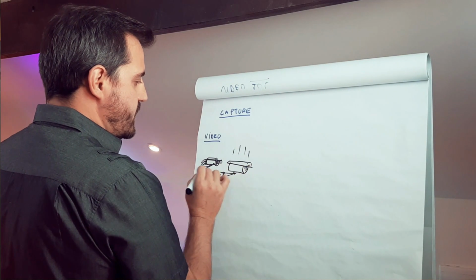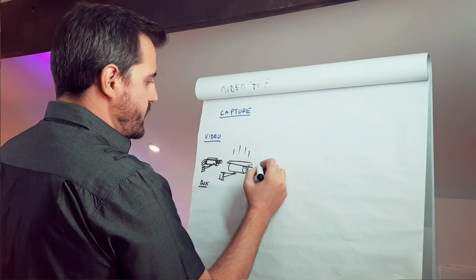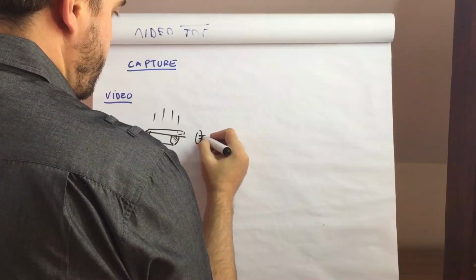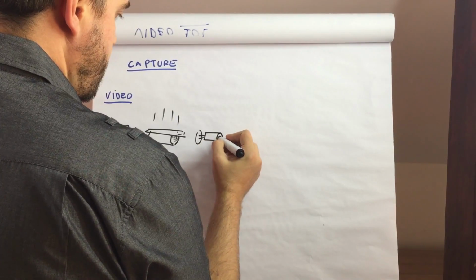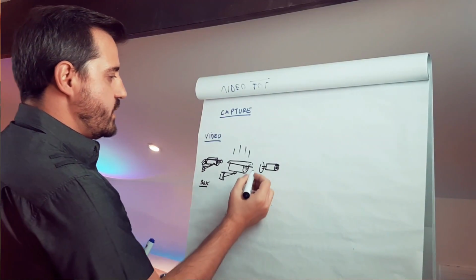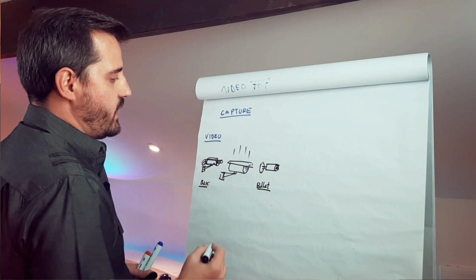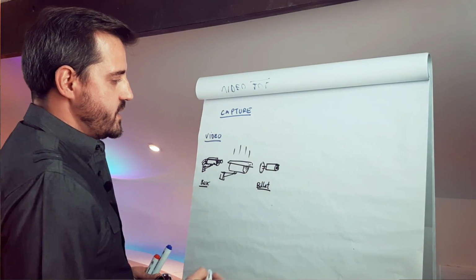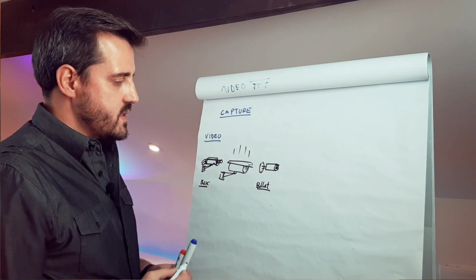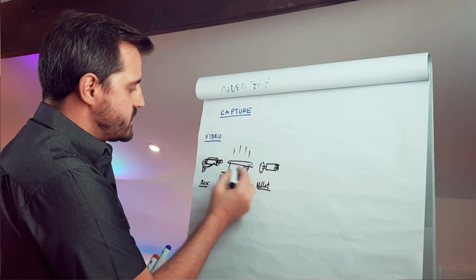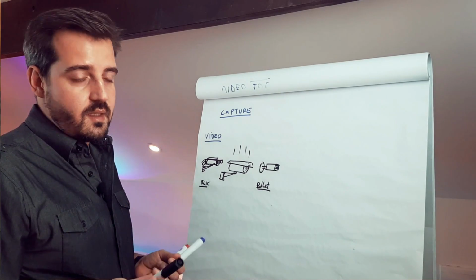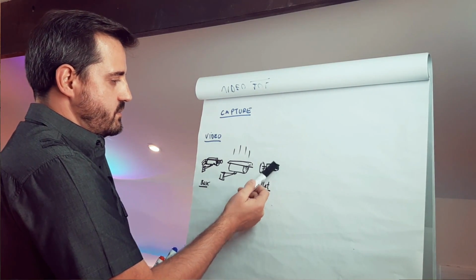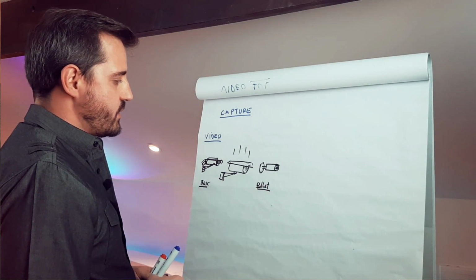The next camera that is similar to the box one is the bullet camera. The bullet camera basically comes with this part that you fix in the wall or in the ceiling, and it's very similar to the box camera with the lens already embedded in this structure.